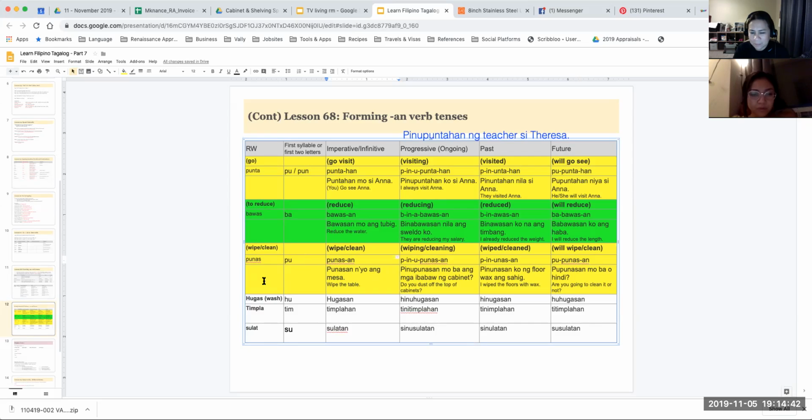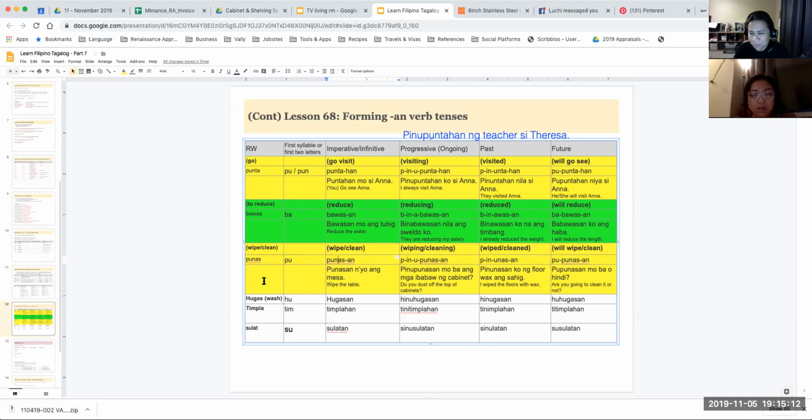Pinunasan. Pinunasan ko ng floor wax ang sahig. Okay? So, pinunasan ko ng floor wax ang sahig.